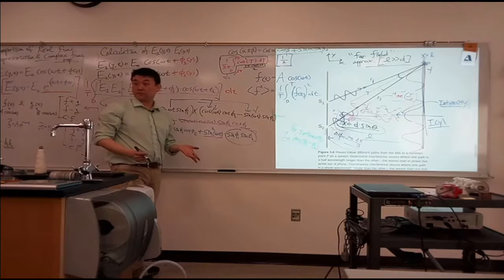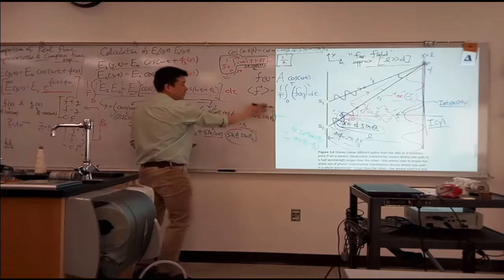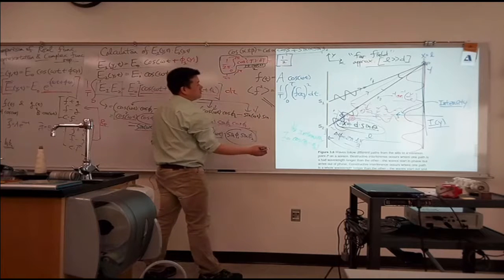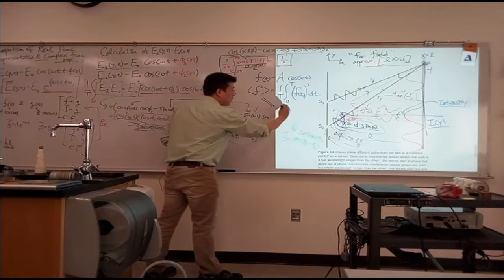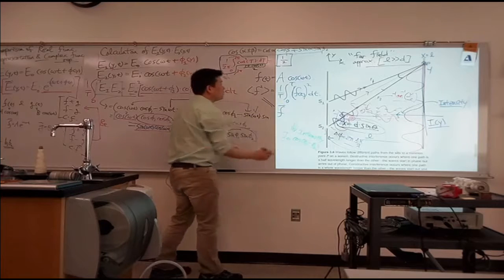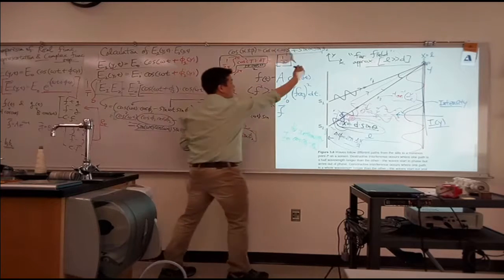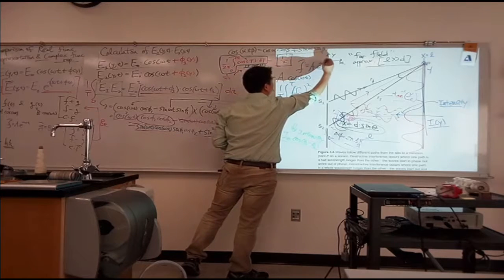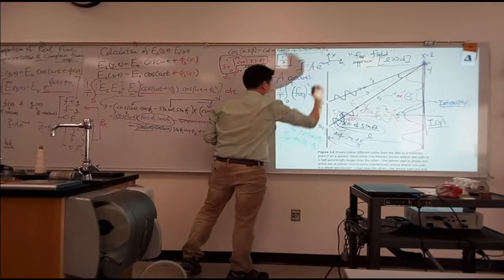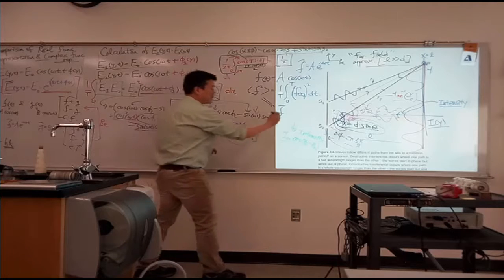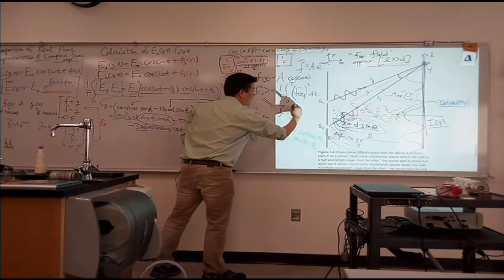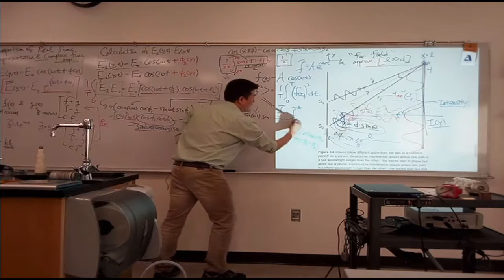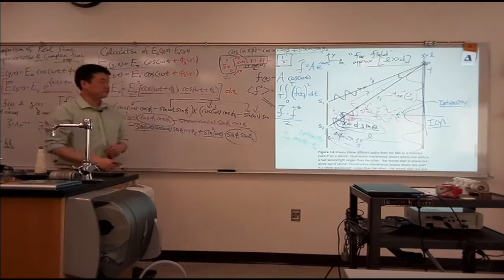And in the complex representation, this can be written in a much simpler way. It's the complex representation of this function, a times e to the i omega t, multiplied by its complex conjugate, divided by 2.